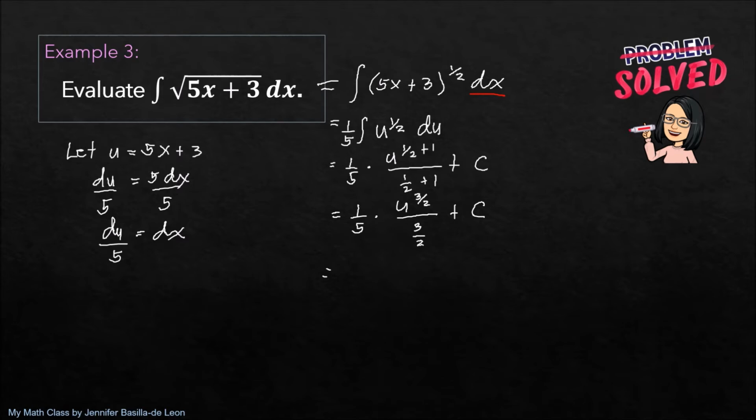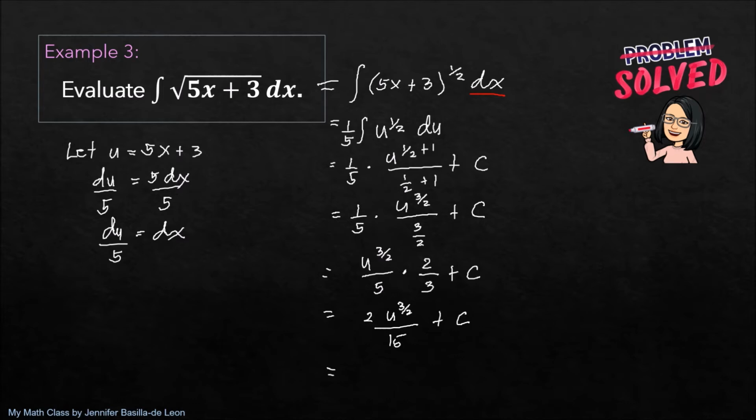Simplifying further, we will have u raised to 3/2 over 5 times 2 over 3 plus c. Multiplying each term, we will have 2u raised to 3/2 over 15 plus c.